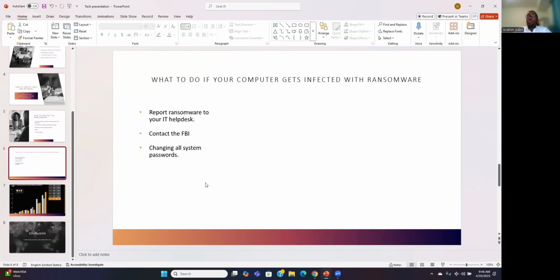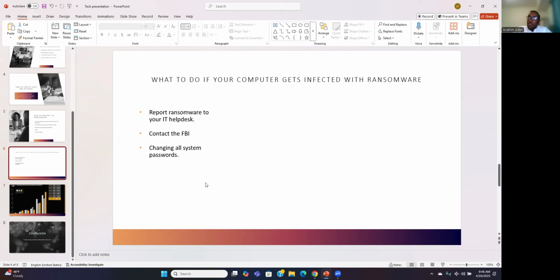What to do if your computer gets affected? If you work at an organization, you need to make sure to contact the Department of Cybersecurity team as soon as possible.